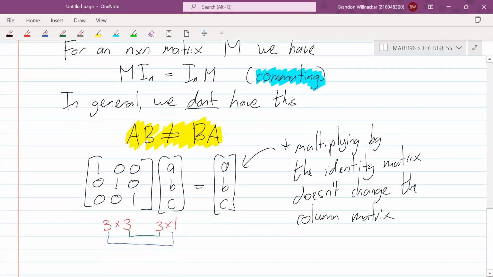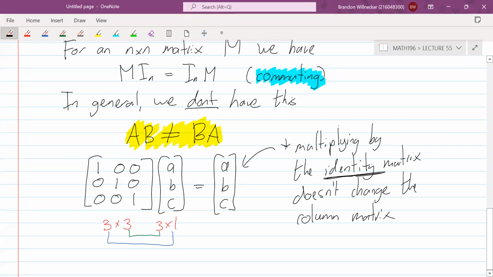Okay. So you'll see this quite often in maths. Whenever you see the word identity, you should be thinking to yourself, doesn't change the input. So the identity matrix doesn't change the matrix when you multiply by it. If you have the identity function, it doesn't change the inputs when it outputs.